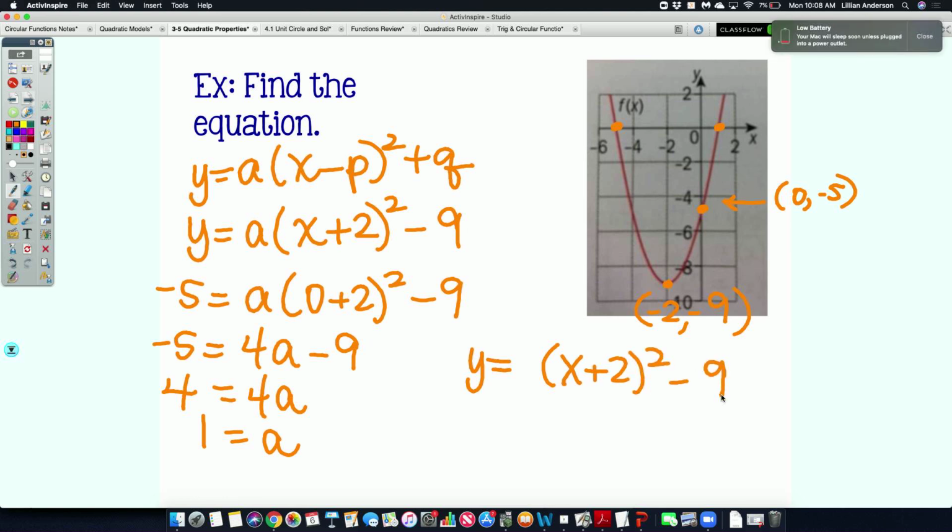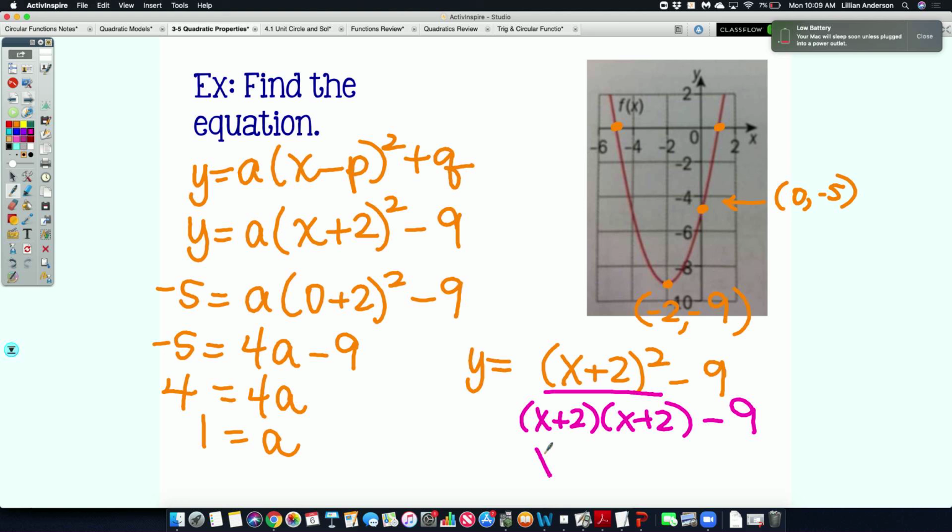Now, if the problem ever asks you to write it in general form, what you want to do from vertex form is take care of the squared part and then subtract 9. Just remember that anytime you see a binomial square, that's the same thing as saying (x plus 2) times (x plus 2).